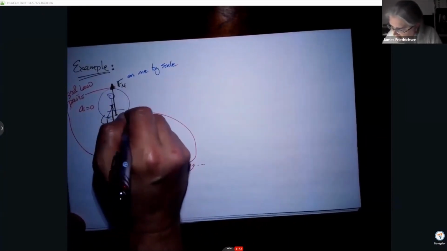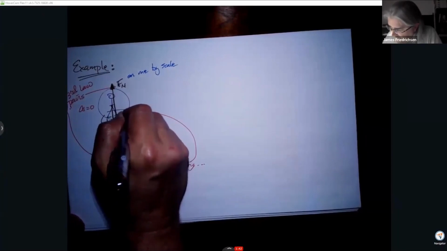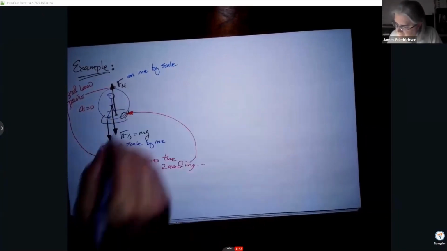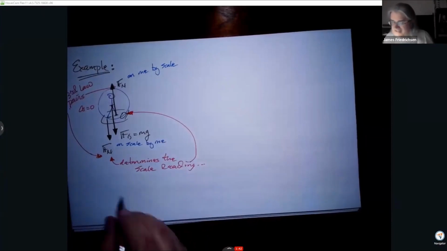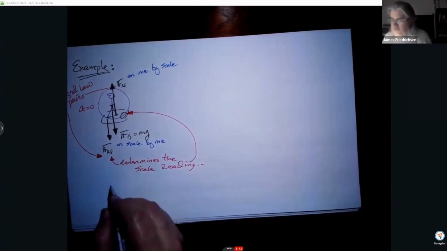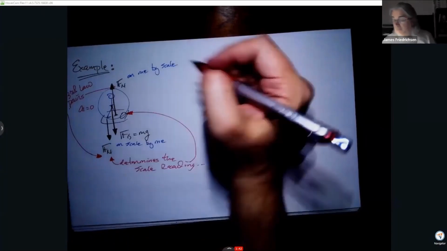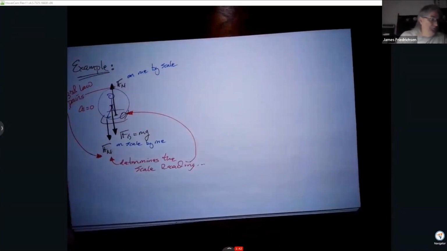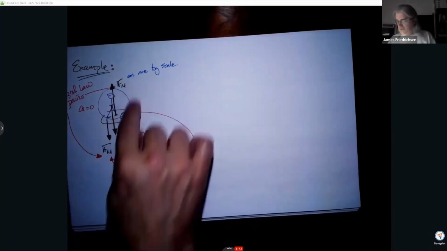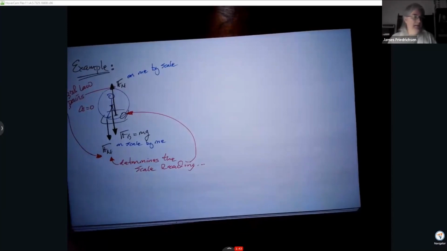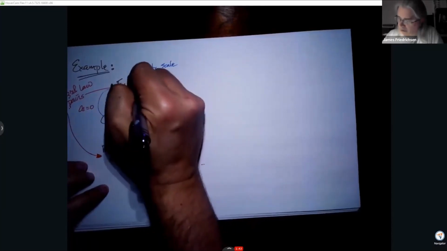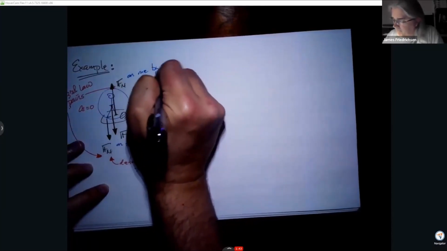So this gives us the reading on the scale. The reading on the scale tells you the amount of downward normal force on the scale. Then by Newton's third law, that tells you the amount of upward normal force on you. So this is related to the scale reading through Newton's third law, and this is more or less our apparent weight.